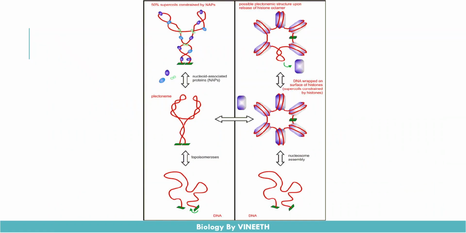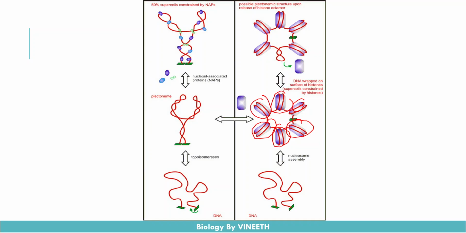So this is about the handedness of supercoiled DNA. I've told you, the toroidal form may also attain the plectonemic form, and the plectonemic form may also attain the toroidal form. If you look at the nucleosomal structure, nucleosomes form the solenoid model when they attain the next level of packing in the chromosomes.